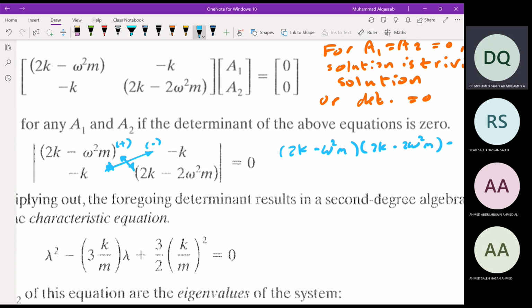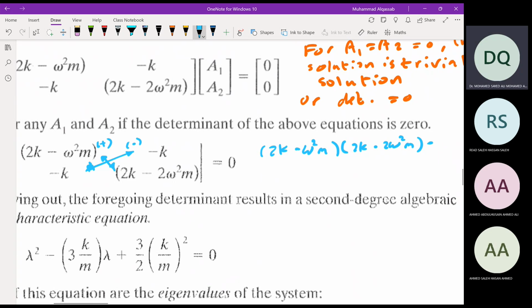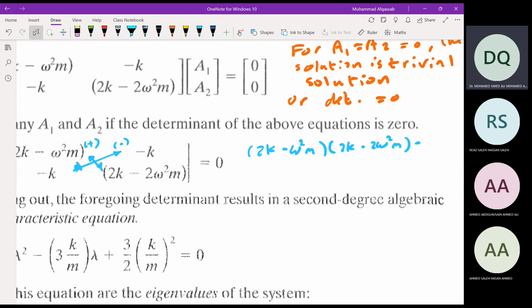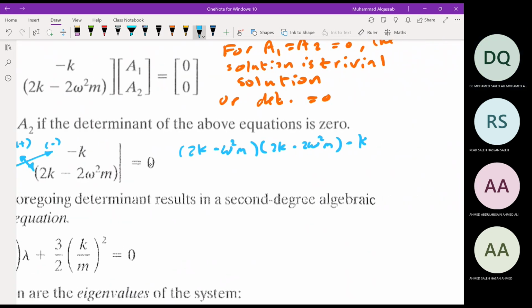So minus and minus becomes plus. Minus k times minus k is k squared, and there is a minus, becomes minus k squared. This is the determinant with one unknown, which is omega.